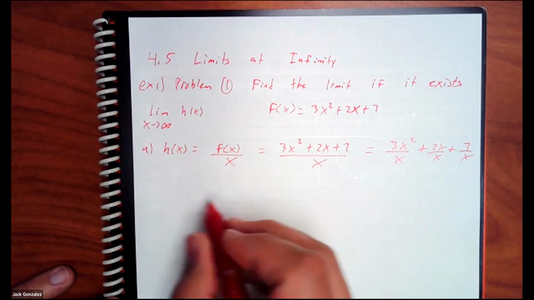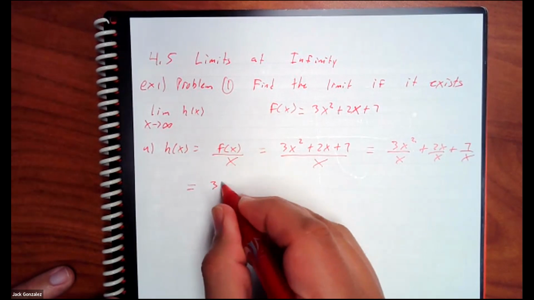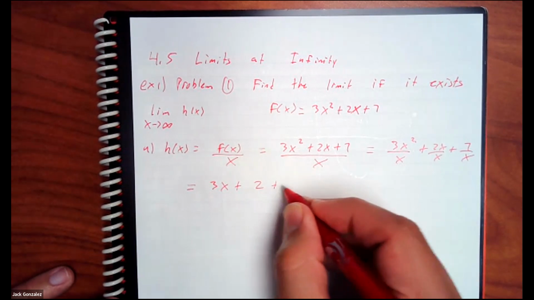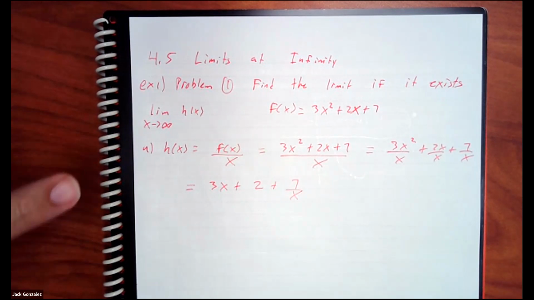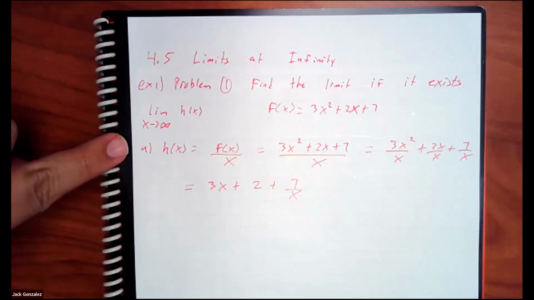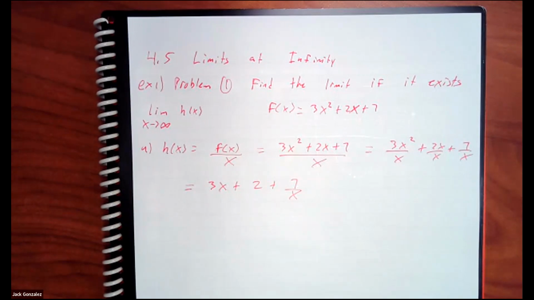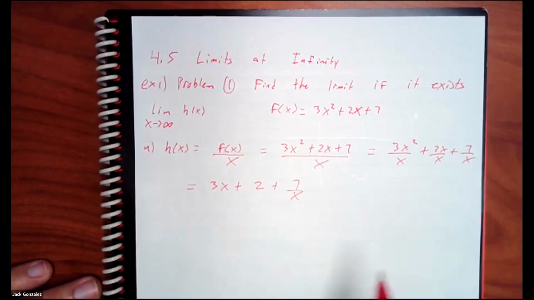That reduces to 3x plus 2 plus 7 over x. So now let's take the limit. That's what they wanted. They just wanted me to create this h for some reason. I think they should have just given me this, but okay, that's cool.